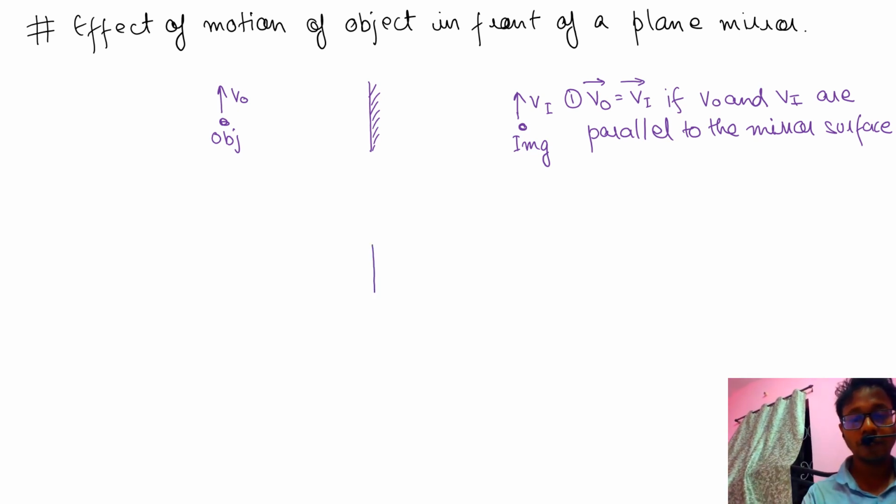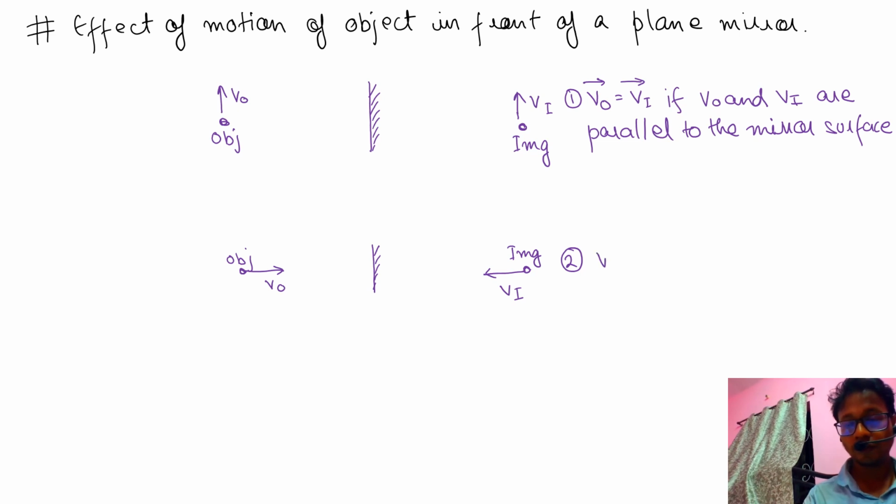But what happens if the object is moving towards the mirror, velocity of object, and similarly the image would also move towards this side, no? Velocity of image. Out here, velocity of object is equal to minus of velocity of image. Why?